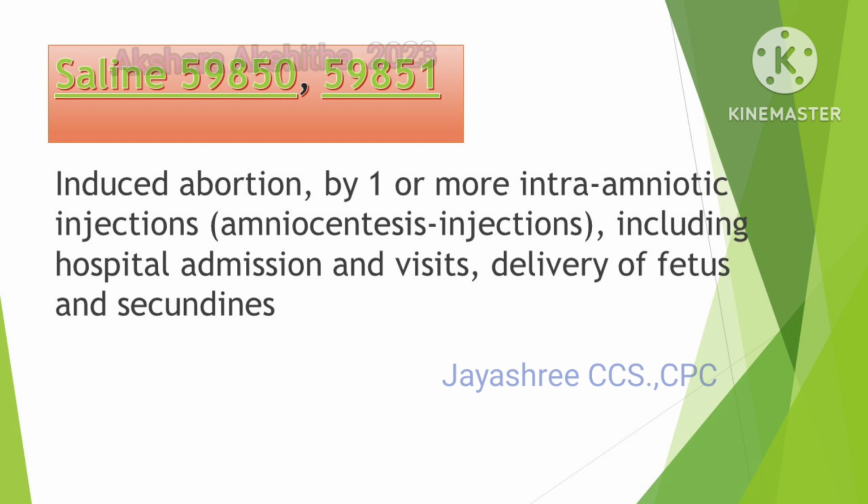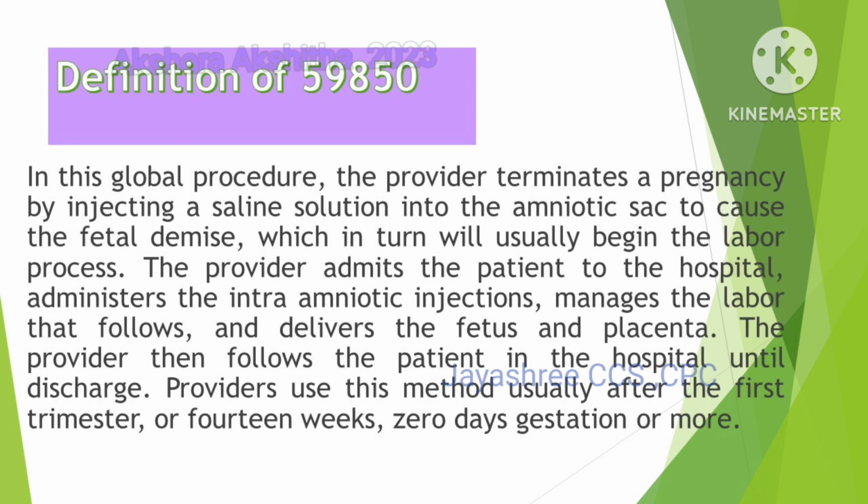So what is the definition of this CPT code? In this global procedure, the doctor will terminate the pregnancy by injection of saline solution into the amniotic sac. This leads to fetal demise, which usually begins the labor process.